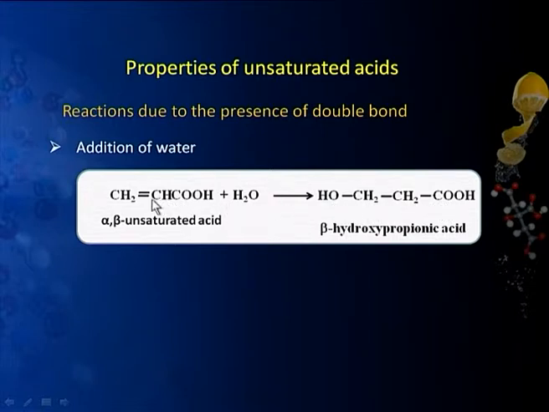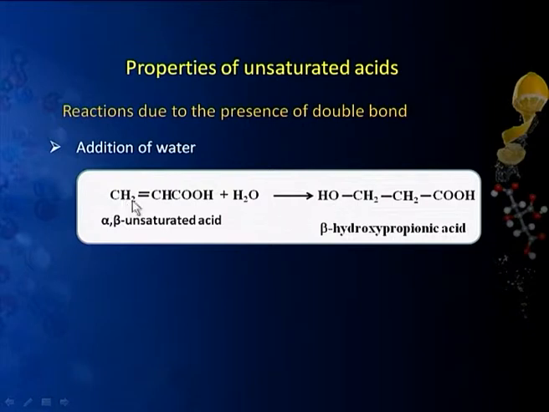Now, it is due to the fact that when the negative part adds, before that a carbocation has to be formed, because this reaction is an electrophilic reaction and the first step involves the addition of the positive part as H plus ion, and H plus will go to that carbon which will give a more stable carbocation.